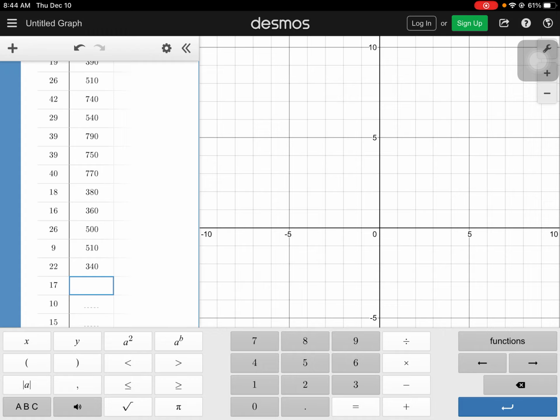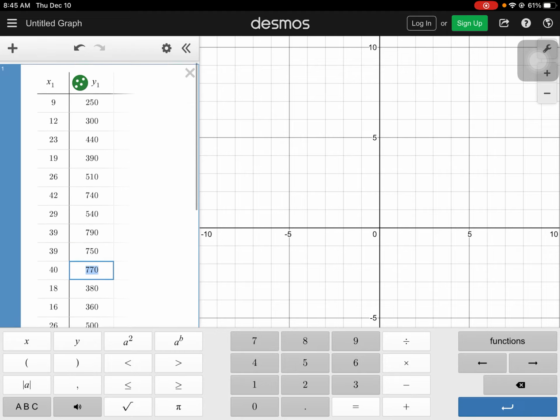I got off somewhere: 22 should have been 510, 9 should have been 360. So 9 is 360, 22 is 510, 17 is 340, 10 is 270, 15 is 330, and 9 is 260. Okay, so there's all of our points.